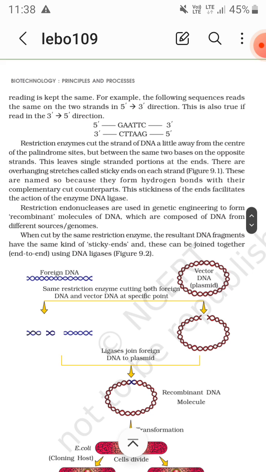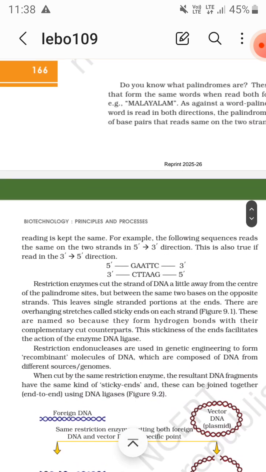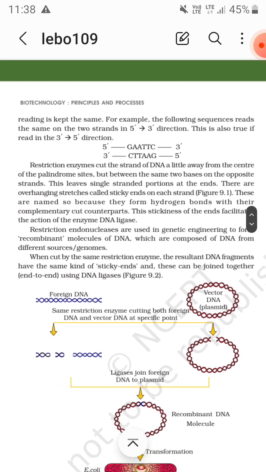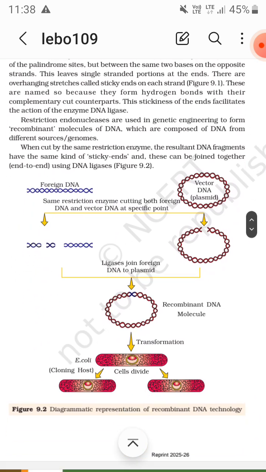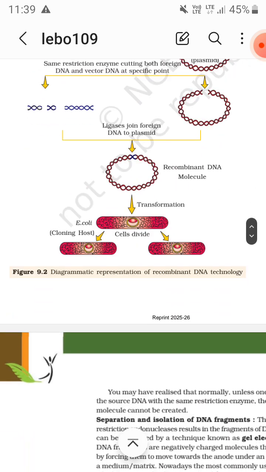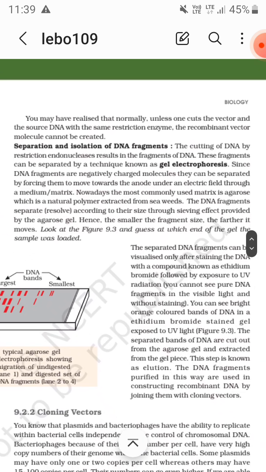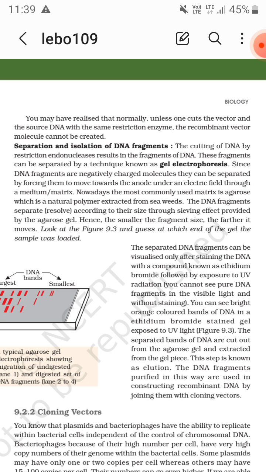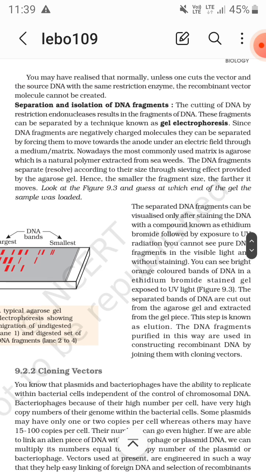Restriction enzymes cut the strand of DNA a little away from the center of the palindrome site, but between the same two bases on the opposite strands, for example between G and A. There is one thing: unless one cuts the vector and the source DNA with the same restriction enzyme, the recombinant vector molecule cannot be created, because it would create complications.